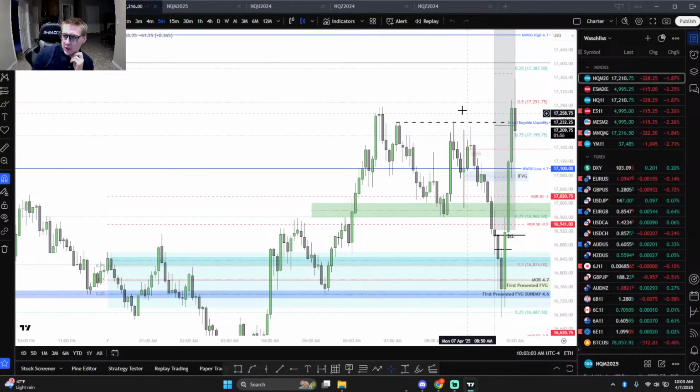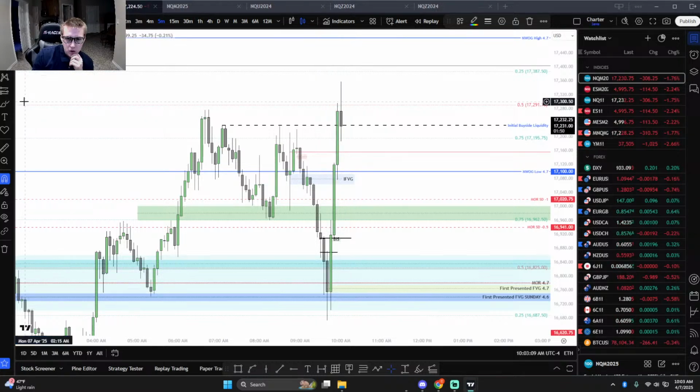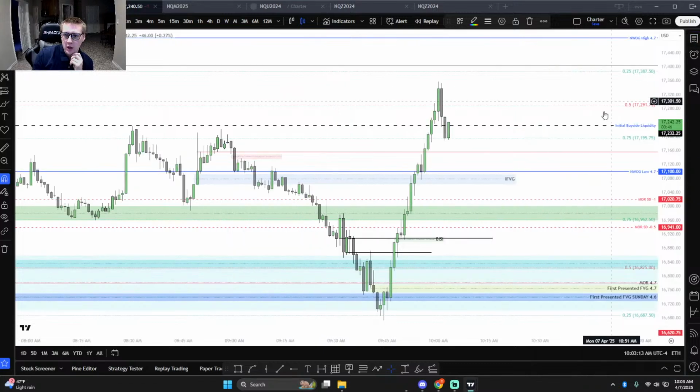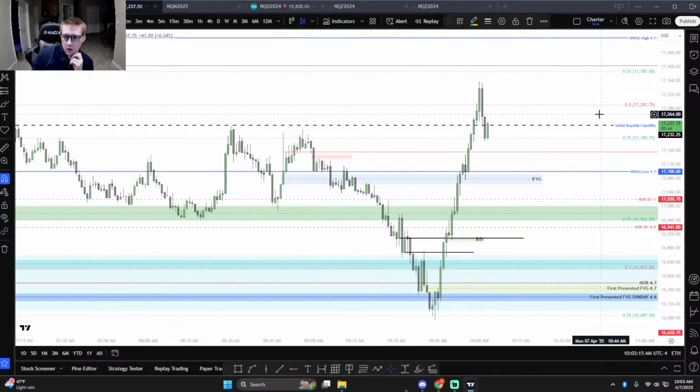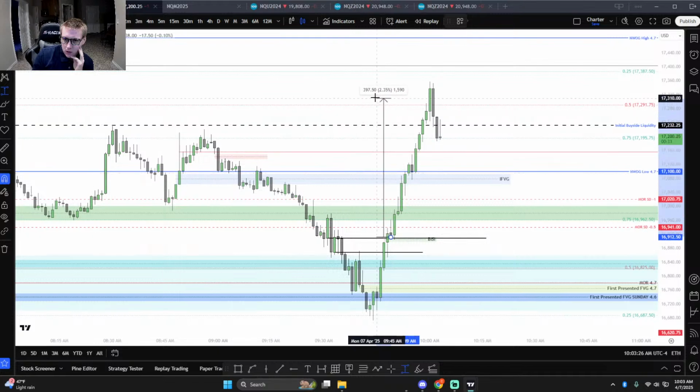Okay, we hit opening range constant encroachment as well here on NQ. Oh, still kind of lagging. 400 points. 370 points.